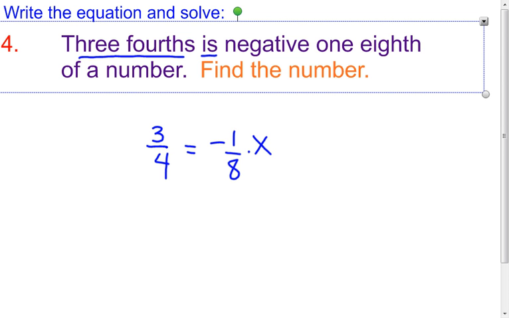So here, to solve for x, I will either divide by negative 1/8 or multiply by its reciprocal, which is negative 8/1. A negative times a negative makes a positive, so that will be okay there. And so then I have, this can reduce, and I will have negative 6.